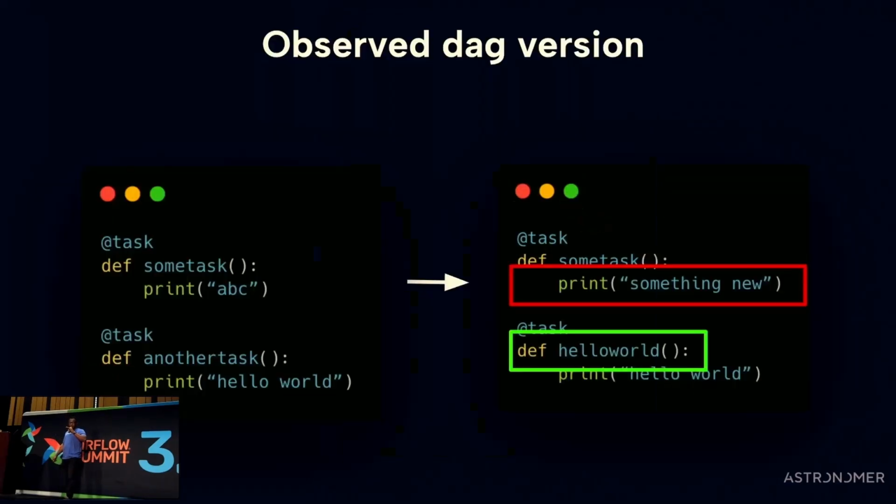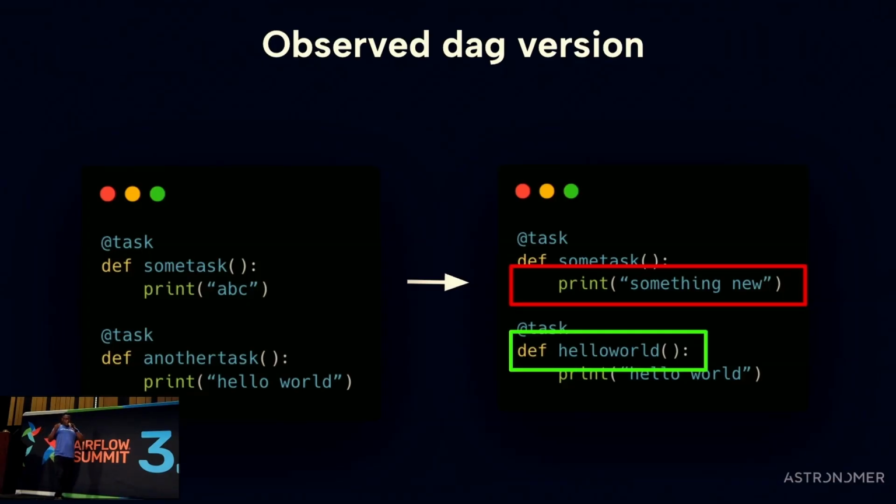What I mean is, take this as an example. You have some task which prints ABC, and you change it to print something new. This kind of change will not trigger a new version, because versioning of a Dag depends on the serialization that Airflow uses, and this will not trigger a new serialization.